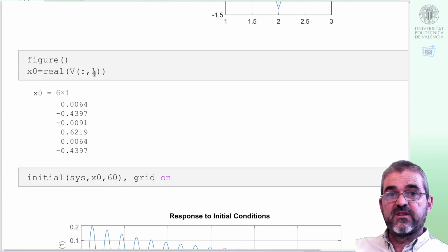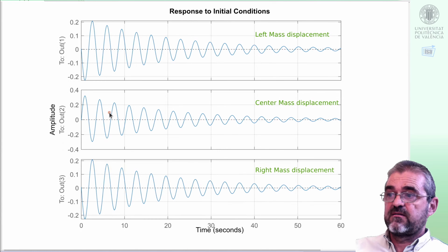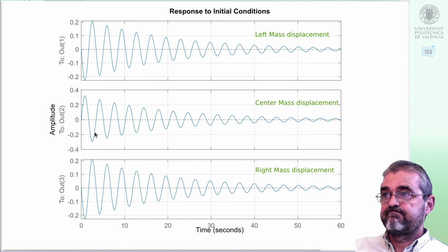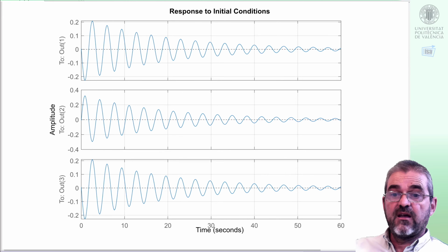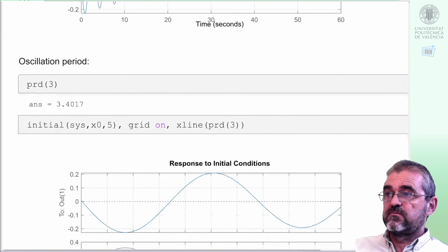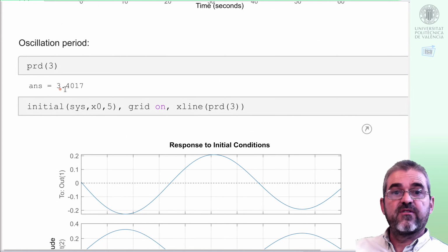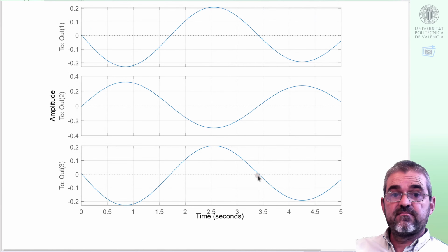loading the corresponding eigenvector real part as initial condition. We indeed get that plot in which the top and bottom plots move in phase and the central plot moves in opposite phase, 180 degrees shift, and if we zoom in, an oscillation period of 3.4 seconds is indeed achieved.